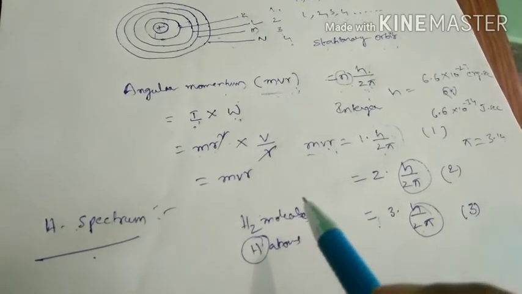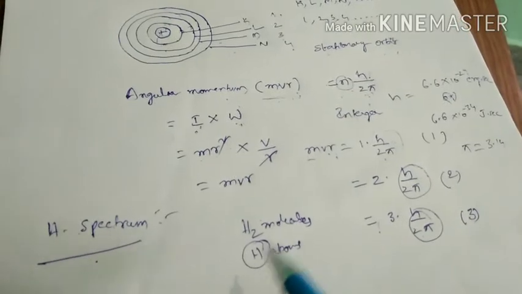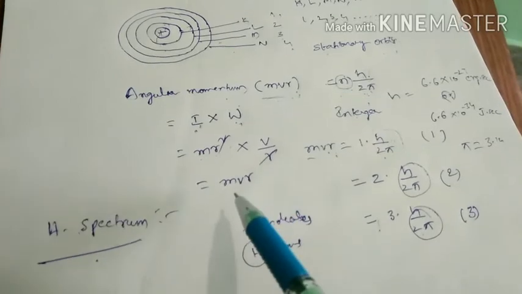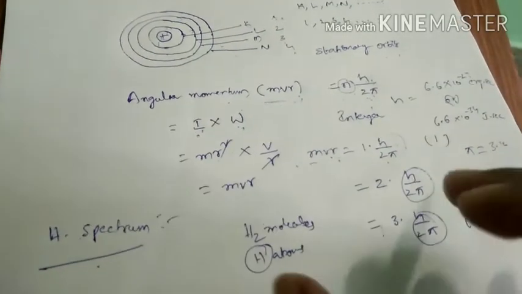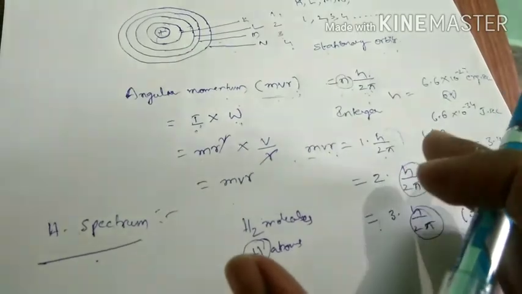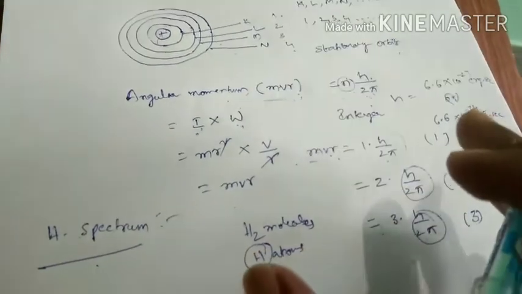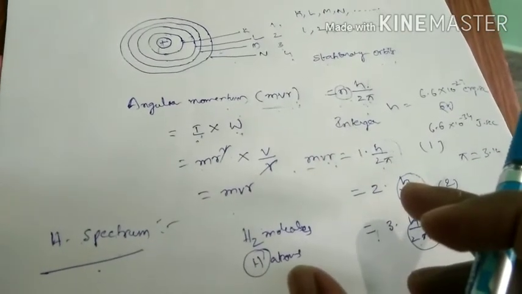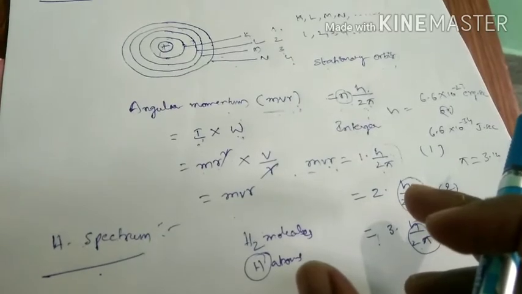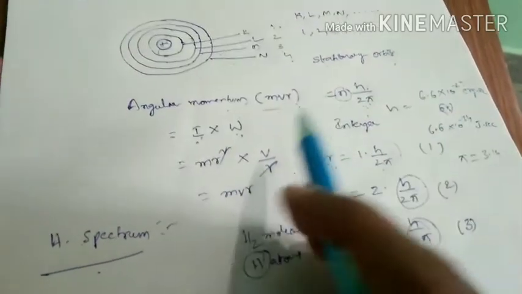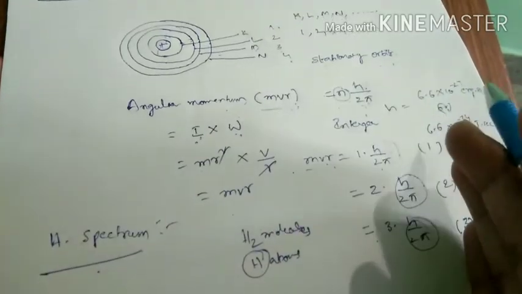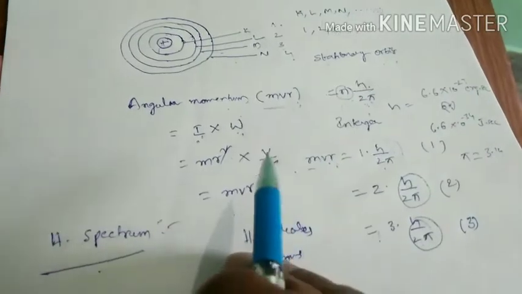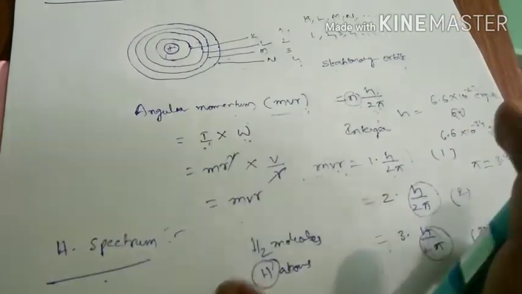Each hydrogen atom contains one electron. That electron gains energy, and as I told you, when the electron gains energy it jumps from a lower orbit to a higher orbit. But at a higher orbit, the energy of the electron is high, but its stability is very less. Due to less stability, the electron de-excites, that is, it jumps from the higher orbit to the lower orbit. Then finally the electron gets stability.